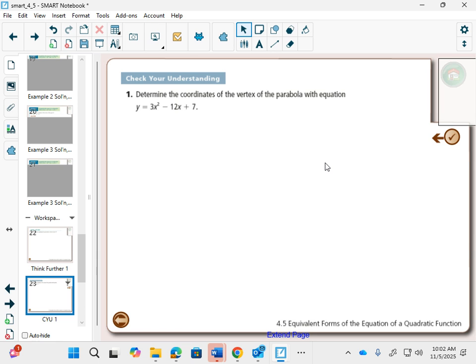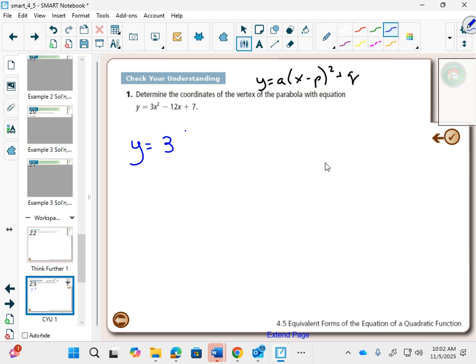So we want to find the vertex. If we want to find the vertex, it would sure be nice if it was in this form. So what do we do? We factor out the 3, that's your a value, out of the first two terms. And we leave a space to set ourselves up to complete the square.